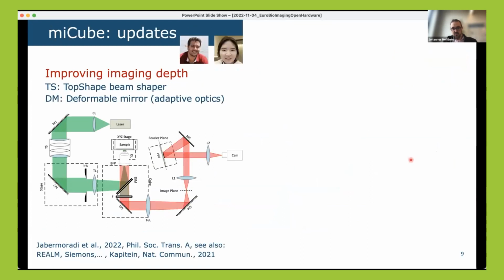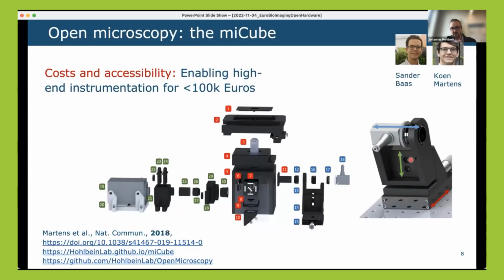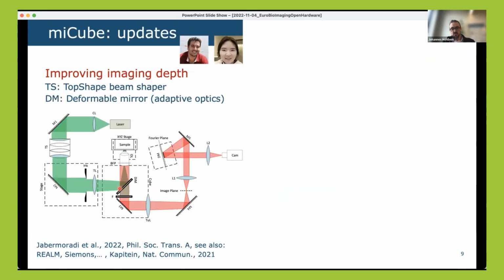Just to provide you with updates, a couple of things we did recently. Yeah, so in this entire microscopy platform, there you see the excitation part, stage part, objective, and so on, and camera. So we added 2 additions in a recent publication.